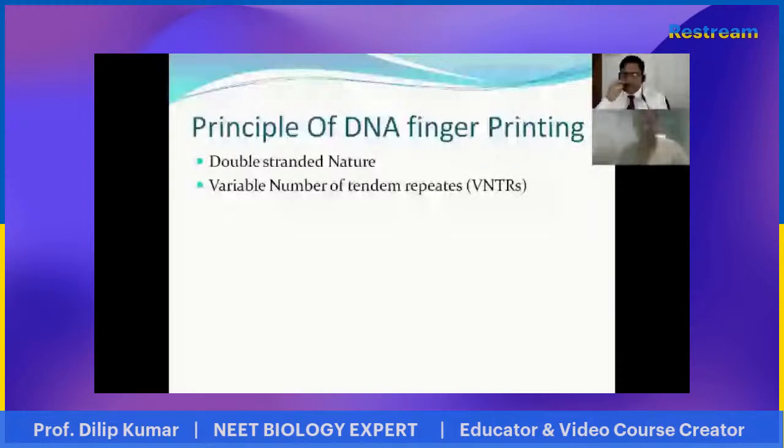Alec Jeffreys, in his study of myoglobin or muscle cells, found that the location of VNTR is different in different individuals. So it never matches; 99.99% of VNTR locations are different worldwide. In this manner, Alec Jeffreys succeeded in finding DNA fingerprinting.